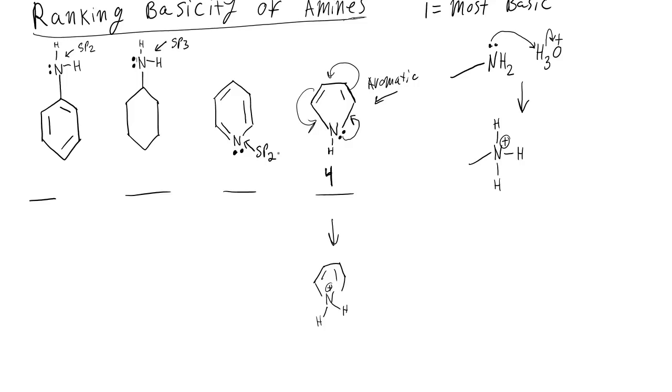Well, we need to think a little bit about this. If something is sp2, I'll draw that here, it means we took one s orbital, which looks like a sphere, and 2 p orbitals, which look like these weird dumbbell things, and hybridized them together. Well, p orbitals are longer than s orbitals, so that's going to stretch the bond out.